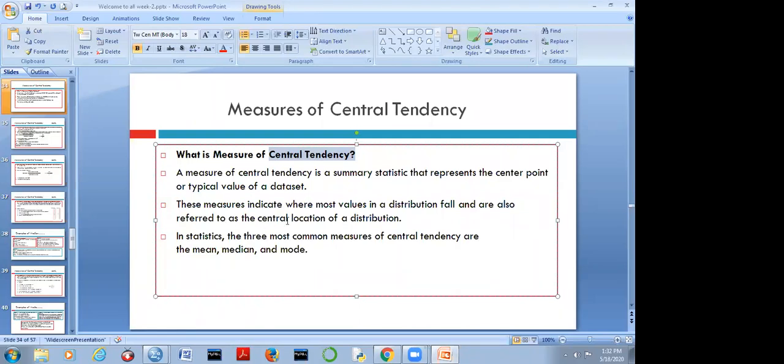These measures indicate where most values in the distribution fall, and are also referred to as the central location of the distribution. In statistics, the three most common measures of central tendency are mean, median, and mode. Got it? Understood this point?